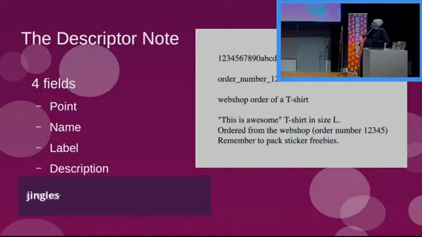Then we put in a label where we call it web shop order of a t-shirt. Then we know that much. And then we have a multi-line description: this is an awesome t-shirt in size large, ordered from web shop, order number 1, 2, 3, 4, 5. Remember to pack sticker freebies. And all of a sudden the number up there is quite approachable.